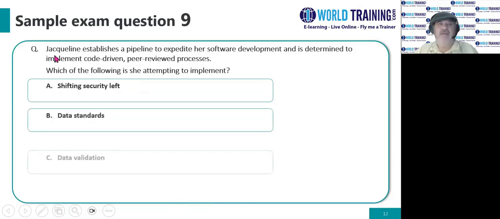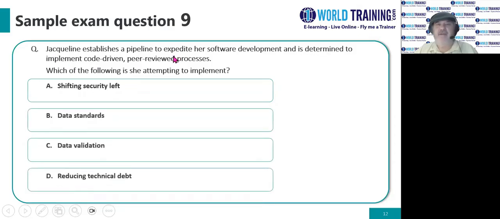Question 9. Jacqueline establishes a pipeline to expedite her software development and is determined to implement code-driven, peer-reviewed processes. Which of the following is she attempting to implement? Okay, shifting security left.